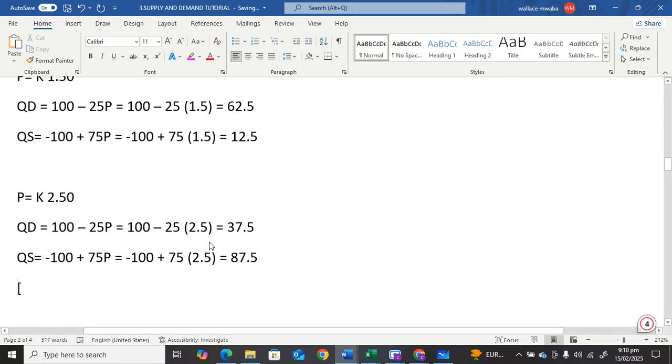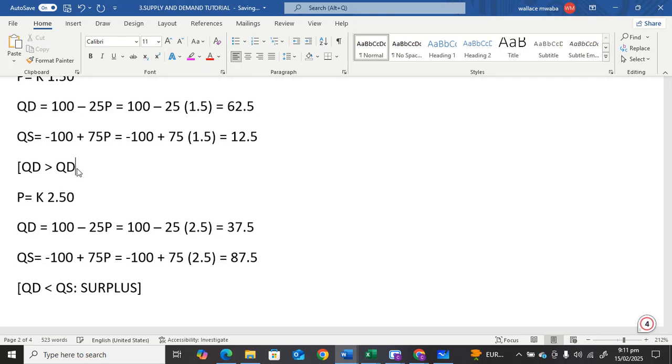So here we can see that quantity demanded is less than quantity supplied. So we have a surplus. And the first one, quantity demanded was greater than quantity supplied, and we had a shortage.